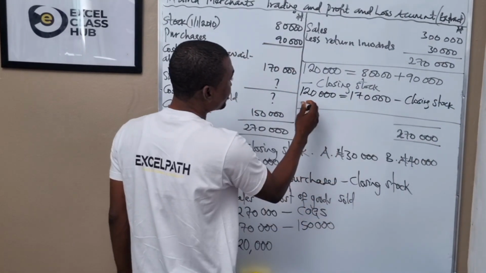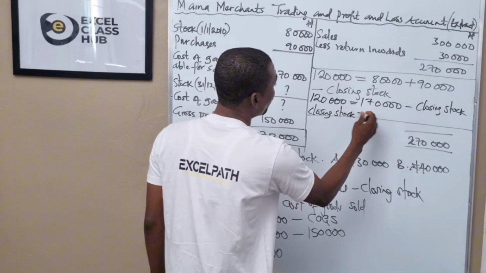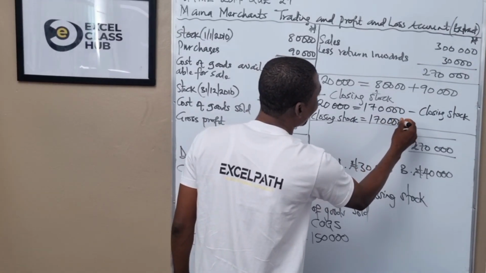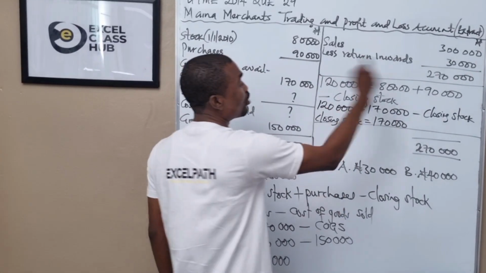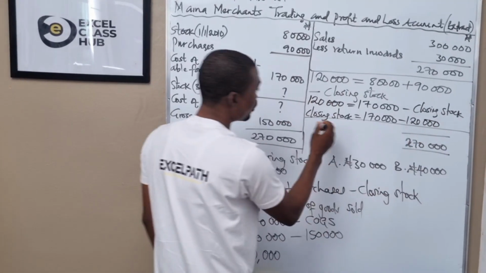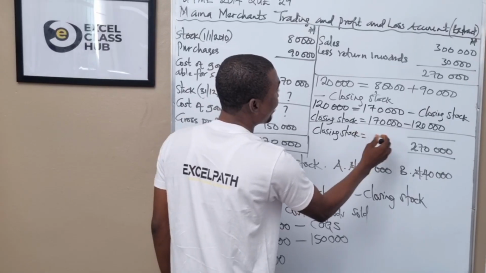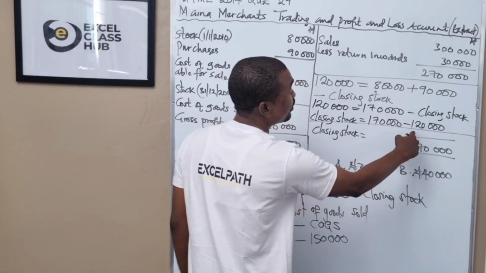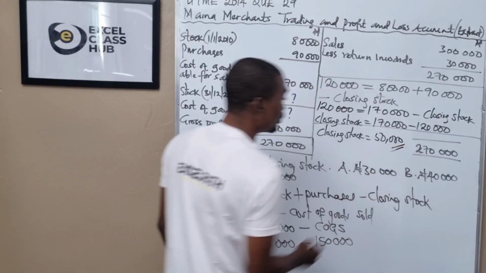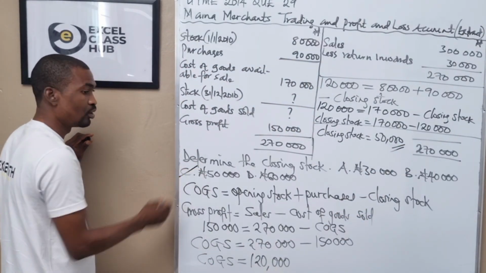So our closing stock now will be equal to 170,000 minus 120,000. So the closing stock figure, the final answer, will be 170,000 minus 120,000, which gives us 50,000. Okay, so let's go to the options. The correct option is Option C.